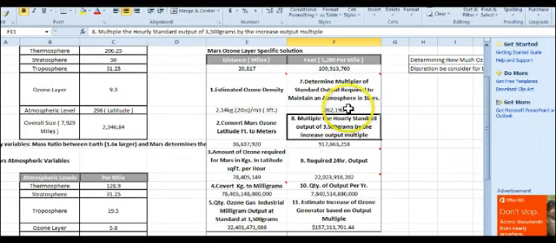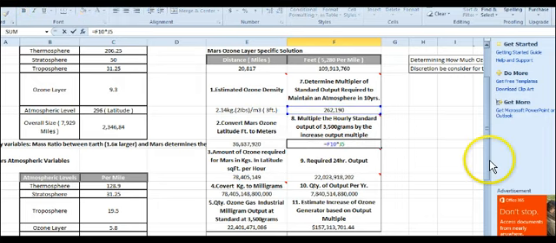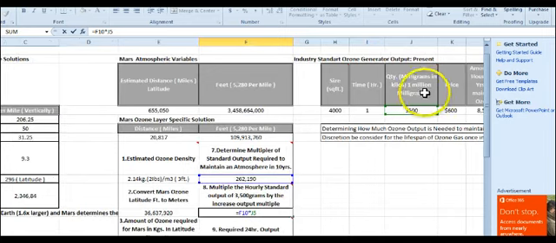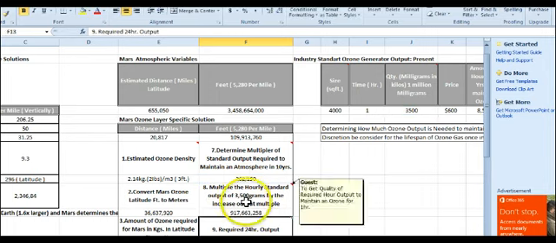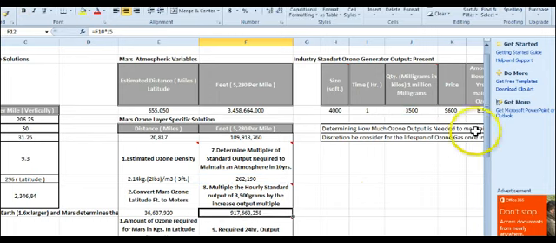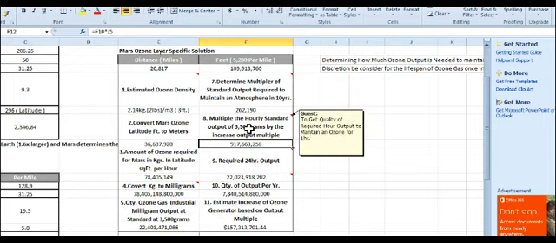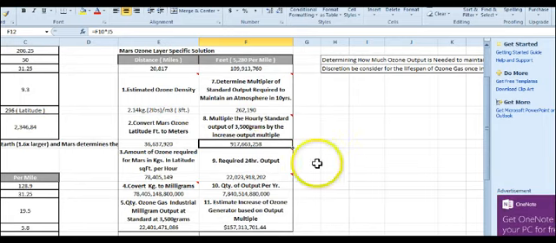Now this represents the multiplier at which the ozone generators need to increase the output. So you take the standard industrial output of an ozone generator, which is 3,500, and multiply it by the multiplier, and that gives you the amount of ozone that an ozone generator needs to be putting out per hour to maintain an atmospheric infrastructure over a 10-year period.